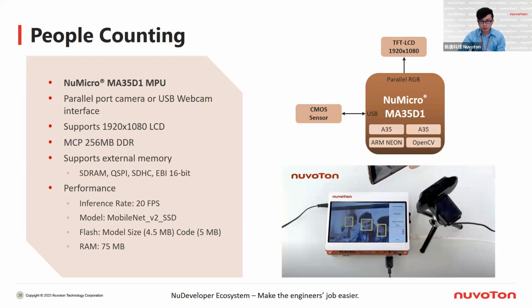The model used here is MobileNet V2 SSD with a model size of 4.5 megabytes and a code size of 5 megabytes. It uses 75 megabytes of SRAM. As is evident, such a large-scale model is more suited for our NPU platform, which has the necessary large SRAM capacity to run it effectively.